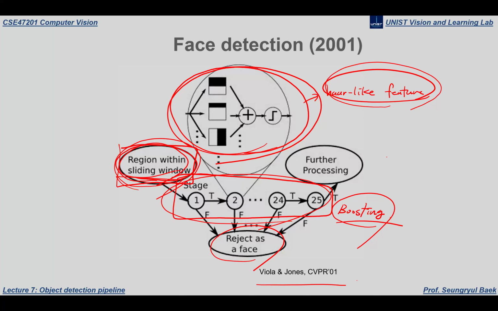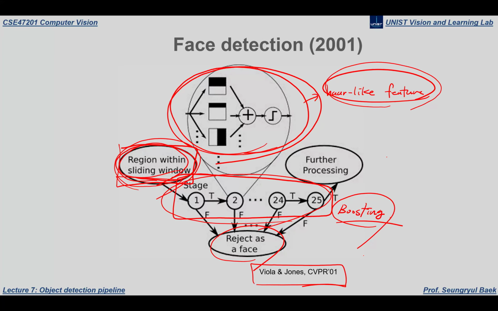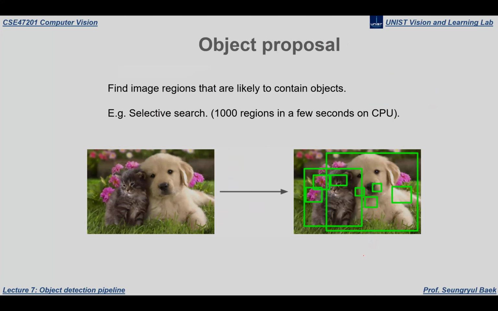This is also already implemented in OpenCV. If you search the OpenCV library, you can find a facial detector, and that is actually implemented using this method. But anyway, we cannot use this kind of approach because its time complexity is very high.